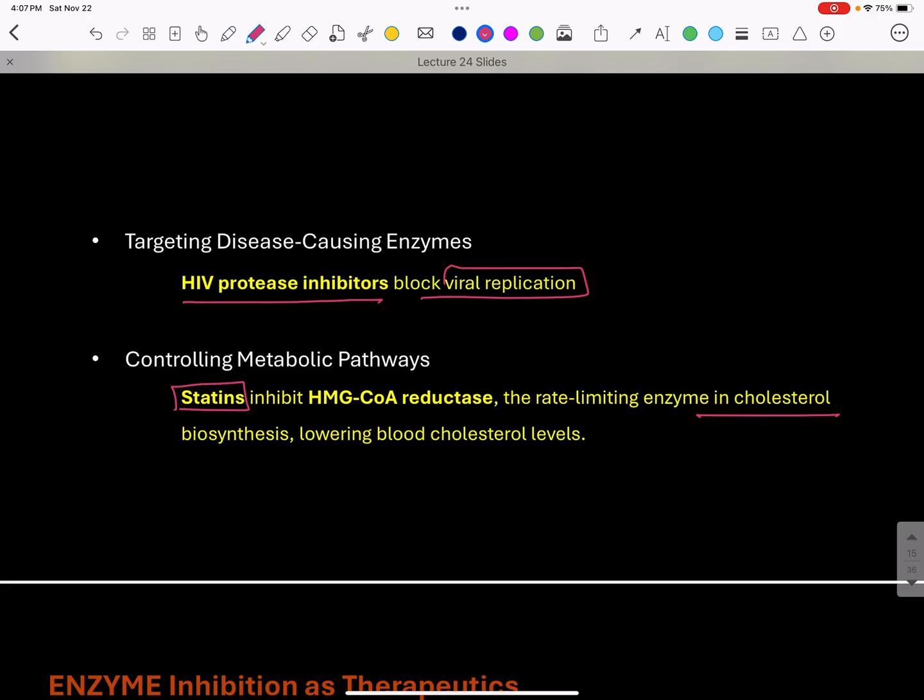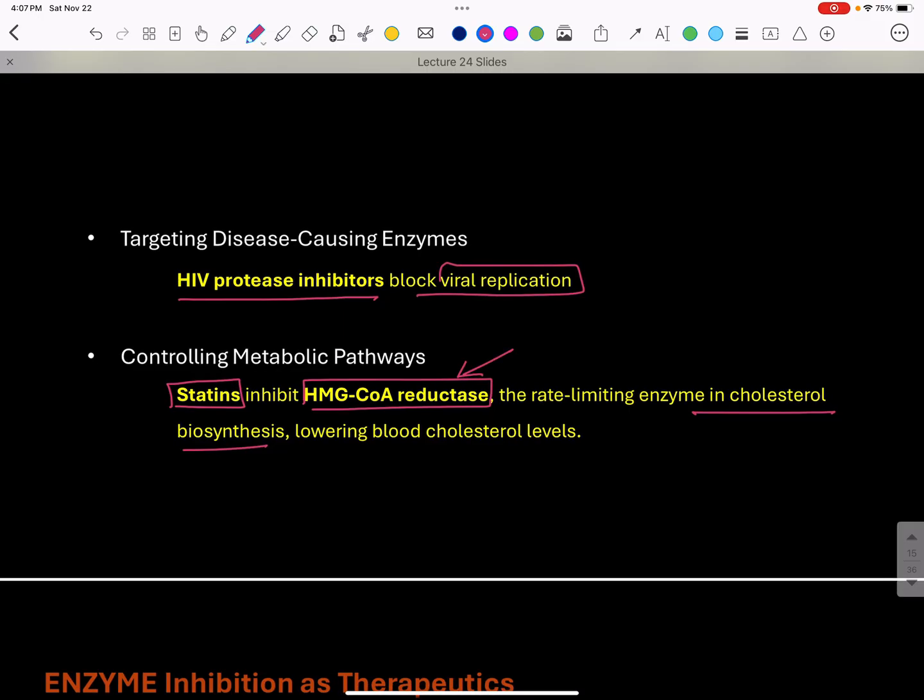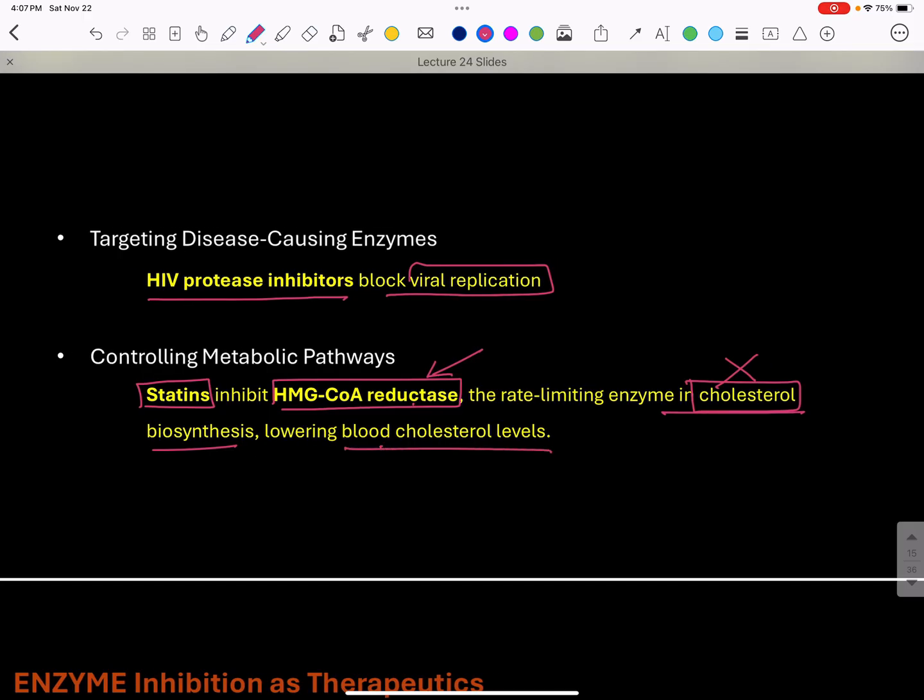All they do is inhibit a particular enzyme called HMG-CoA reductase, which is the most crucial enzyme in the synthesis of cholesterol in the body. So when you inhibit the enzyme, then you don't have biosynthesis of cholesterol, thereby the blood cholesterol levels also get lowered, and that's going to help in reducing cardiovascular issues.